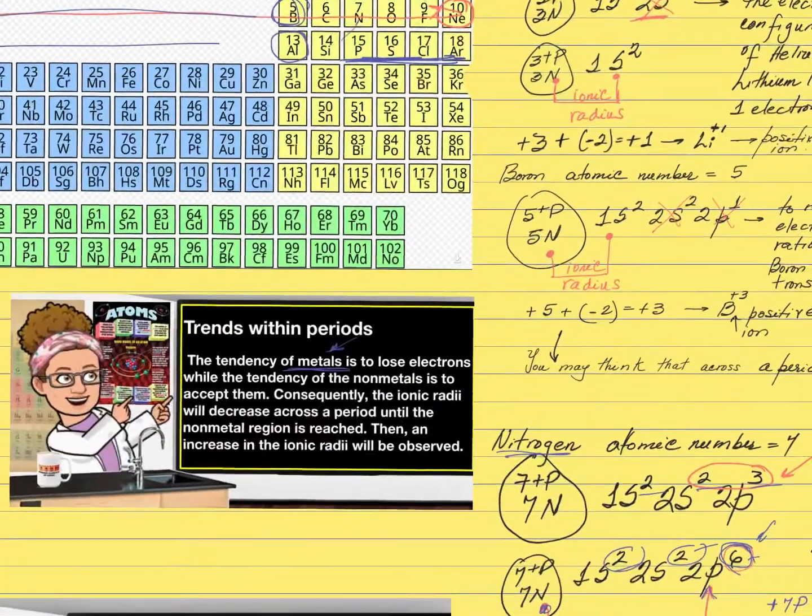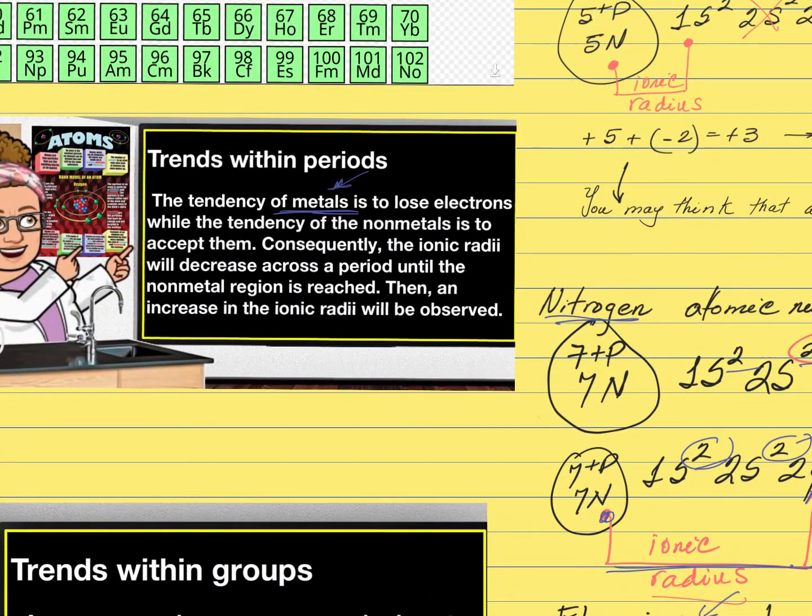That is why, even though the tendency within the metals is for the ionic radius to decrease, once you have reached the non-metal part of the periodic table, the ionic radius is going to start increasing, and then decreasing one more time.